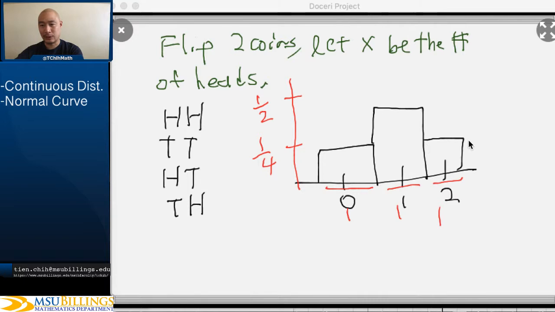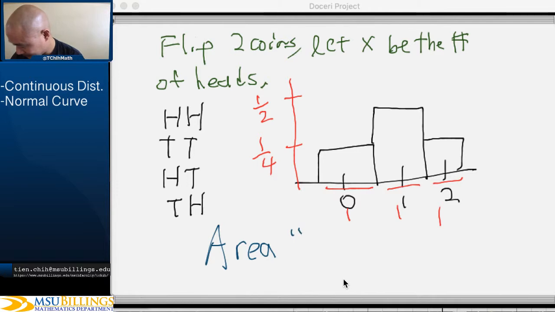Another 1 by 1 quarter rectangle whose area is 1 quarter. 1 half plus a quarter is 1, so this thing has area 1, which is the total probability. Each one of these rectangles corresponds to the appropriate probability. And so once again, I'm going to reiterate: area equals probability.